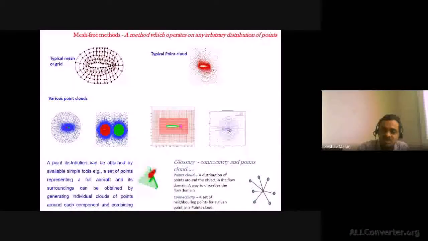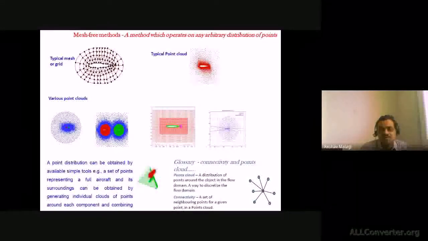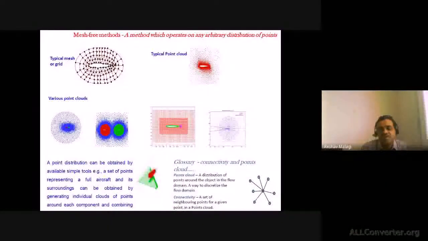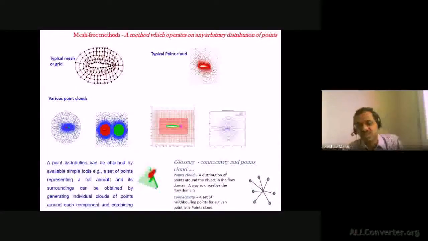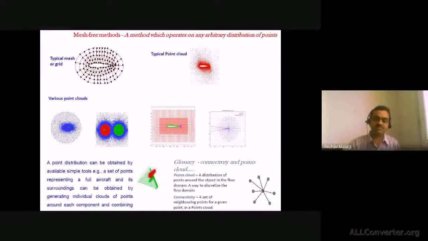And because at the trailing edge you know that a polar grid is always good, you use a polar grid. Now you merge these various kinds of grids to obtain a point cloud. These kinds of things are very unthinkable or very difficult to do in other methods. Here you can mix and match and obtain a discretization which is very much suited to the problem you want to solve.